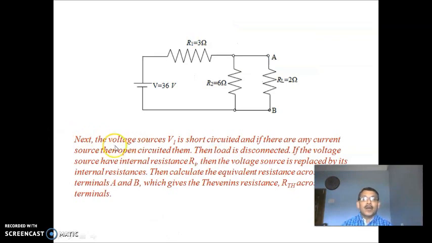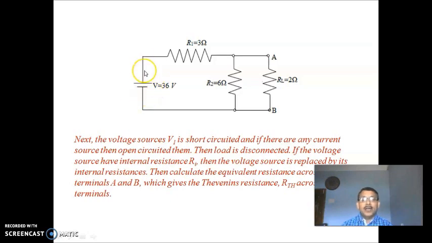Next, the voltage source is short circuited to determine the Thevenin's resistance across AB. First, we have to short circuit these two terminals and the load should be disconnected. If the voltage source has internal resistance, then it should be replaced by its internal resistance.